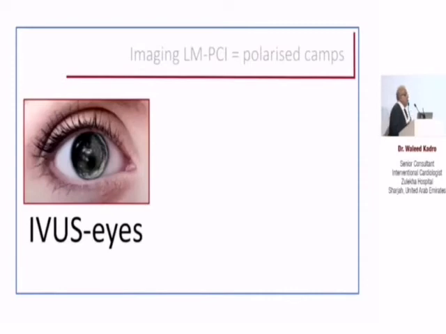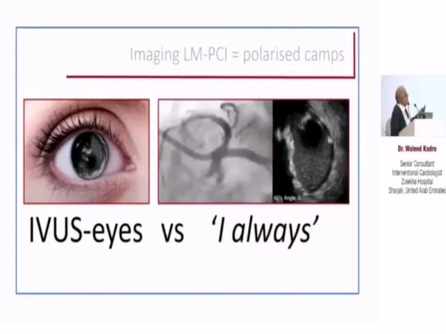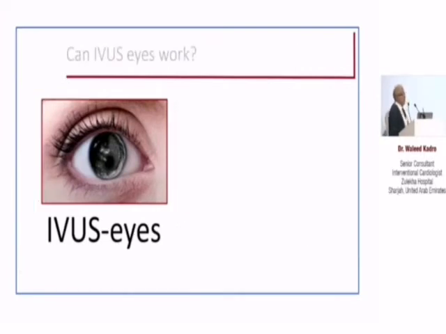So now we talked about those two things, and everybody will say, well, I can do IVUS with my eye. I have an IVUS eye, and I can do everything without. And the reason behind this is one part of the doctors, and the other one who does left main intervention, he says, well, I always do IVUS for every kind of left main intervention. So let's see about the IVUS eyes. What's the reason for that?